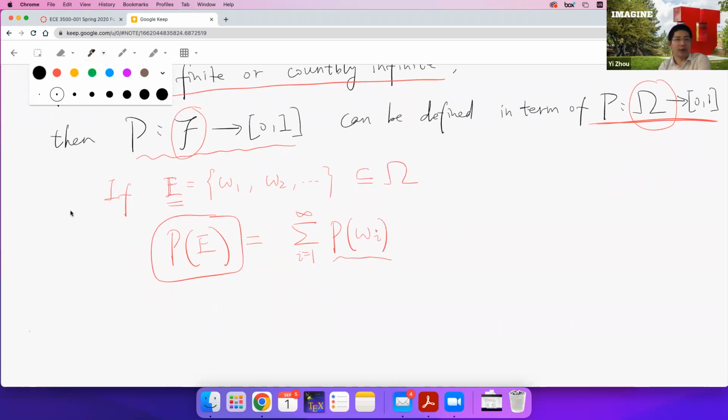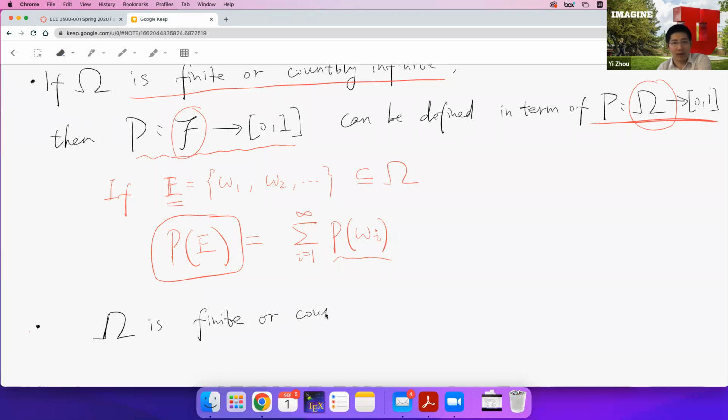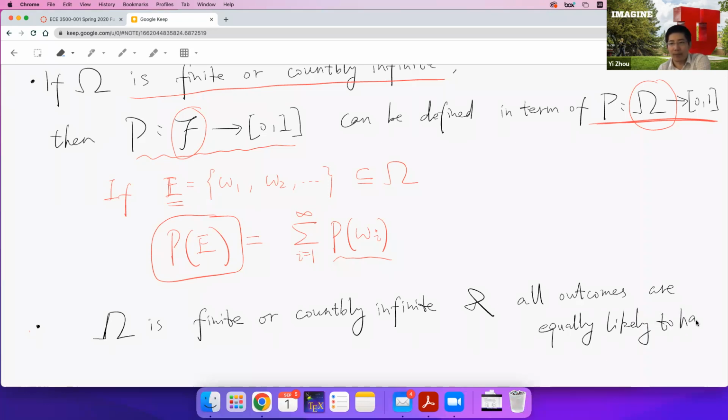And the second special case is that, in addition to this condition, omega is finite and all outcomes are equally likely to happen, just like flipping a fair coin.